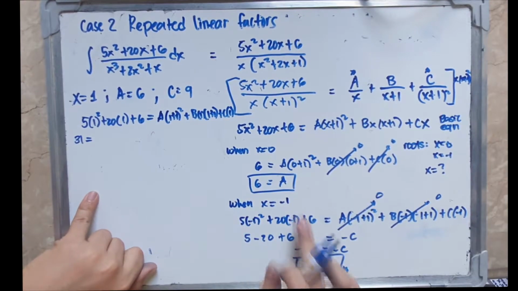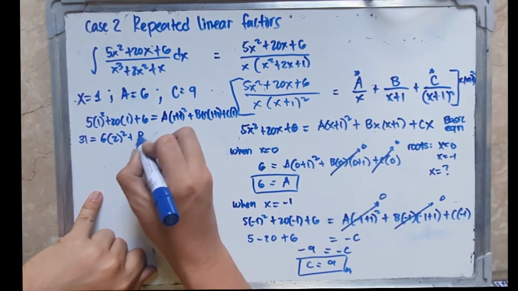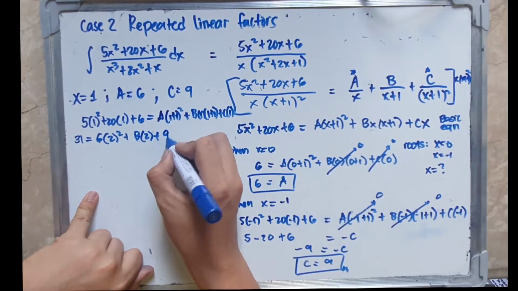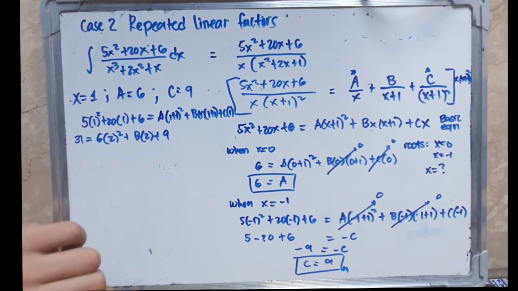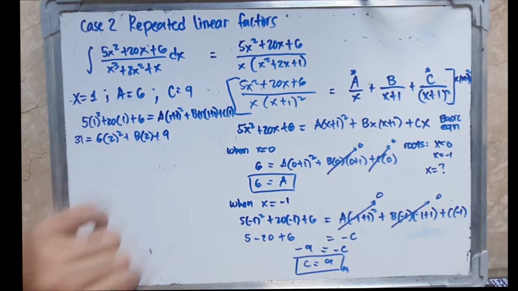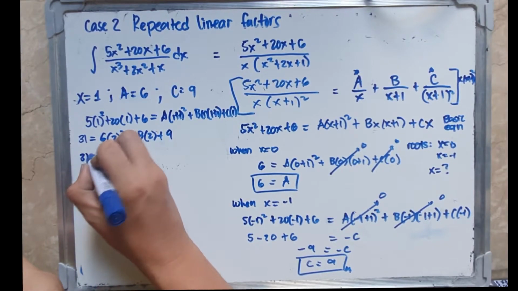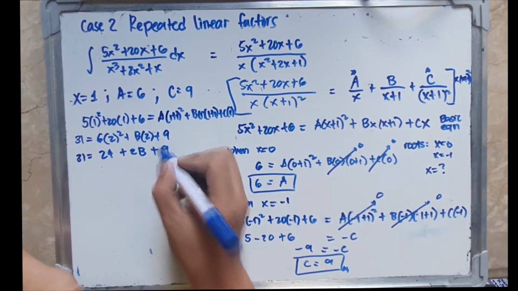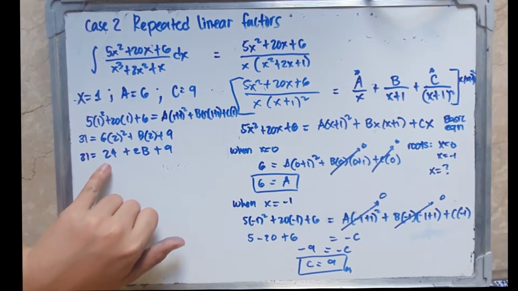We have the value of A as 6 and we have 2 squared, we have B times 2, plus 9. So 2 squared is 4, 4 times 6, we have 24. 2B plus 9. So we have 24 plus 9 as 33.